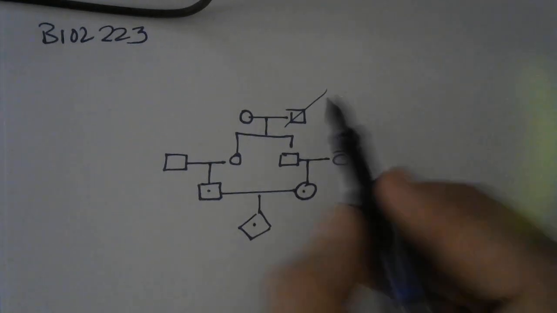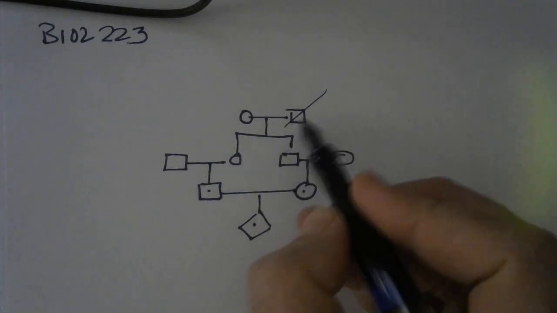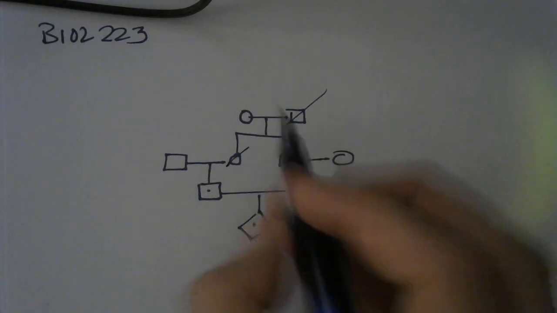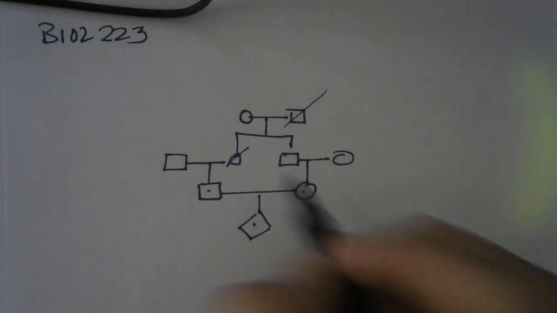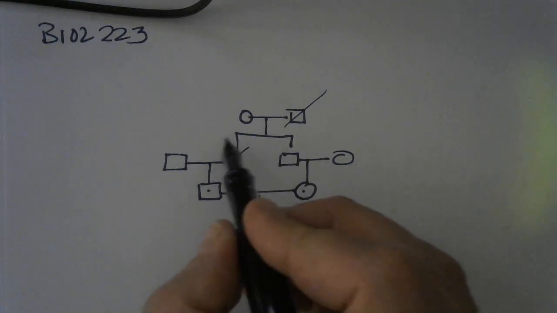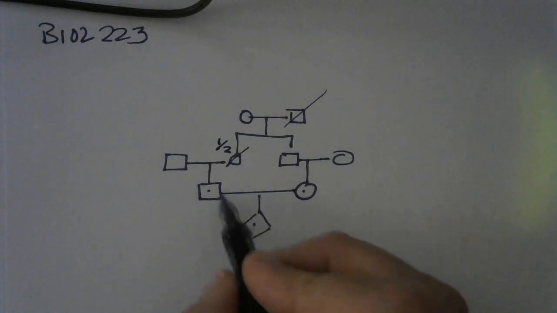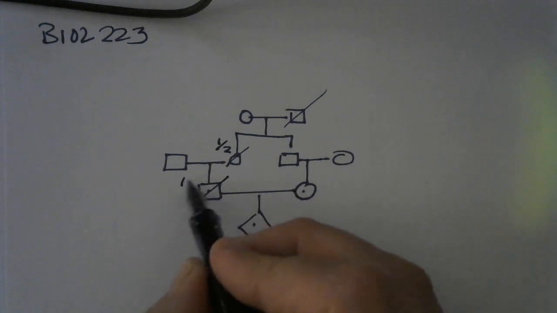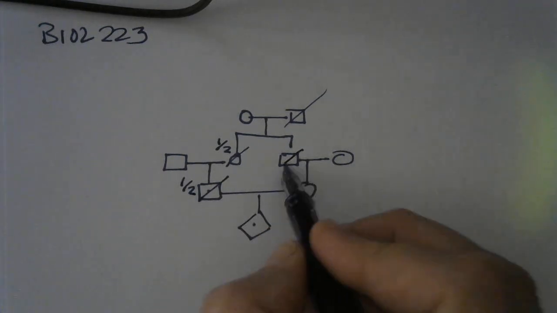And what I had said was, well, if he's a carrier, then the likelihood that his daughter, one offspring and one of the lines of descent of the individual in question, well, then there's a half chance that she is a carrier, and if she is a carrier, there's another half chance of that. And likewise on this side.